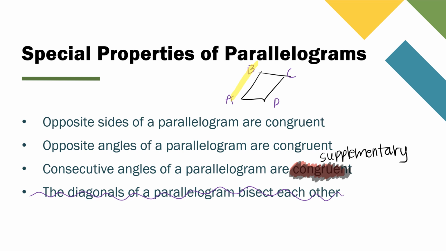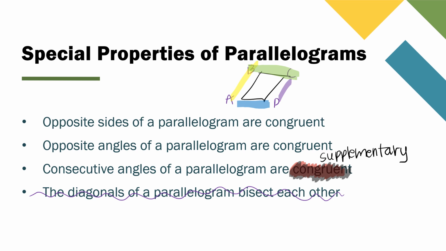B and C are consecutive, they share a side. These two, C and D, are supplementary, they share a side. And then A and D are supplementary, or consecutive, because they share a side.